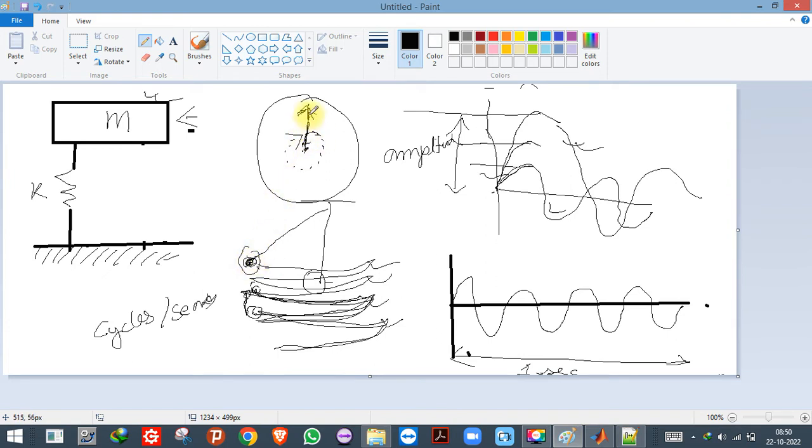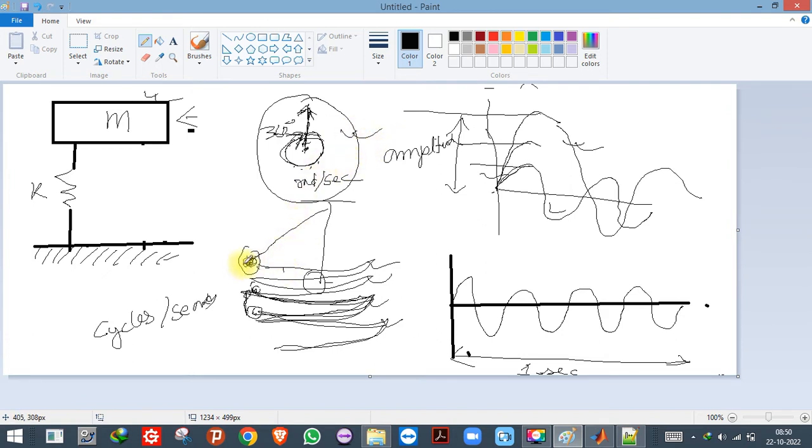So it has started from here, and again it has come back to its original position like this in 1 second. Then the frequency will be, this is angular frequency, so we measure it in radians per second. In 1 second, how much angle has it traveled? 360 degrees. So this is called angular frequency.